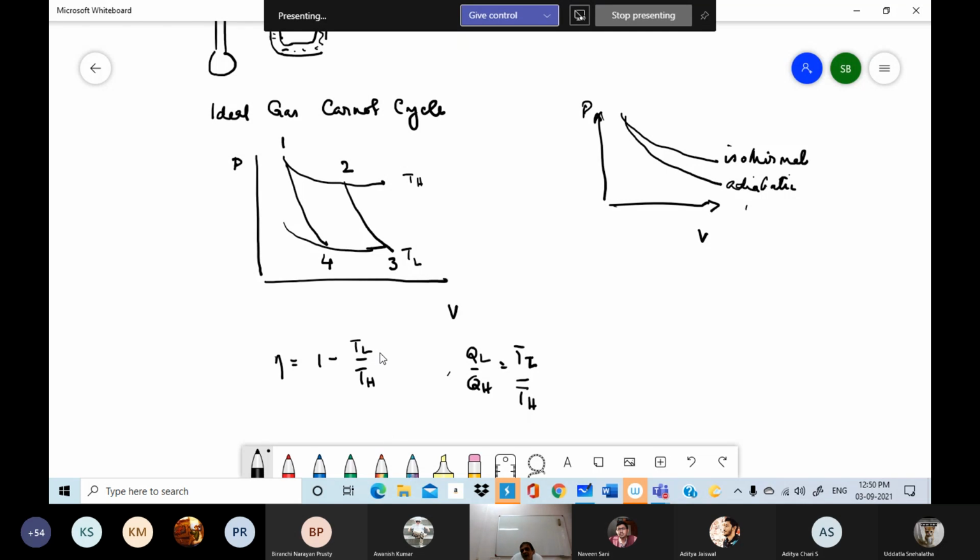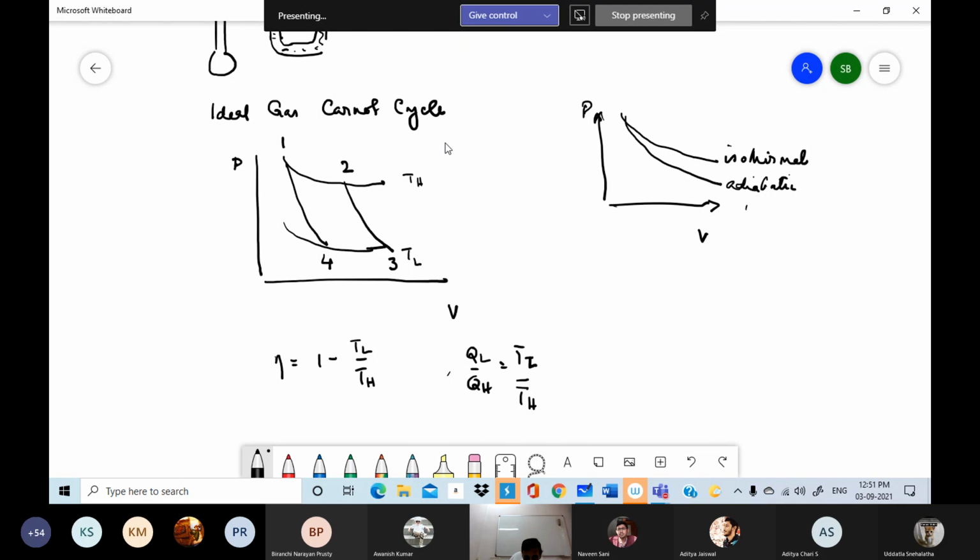So our assumption that the Carnot efficiency is 1 minus TL by TH agrees with the ideal gas Carnot cycle, and therefore the ideal gas temperature, the ideal gas thermometer and the absolute temperature scale give you the same value of temperature.